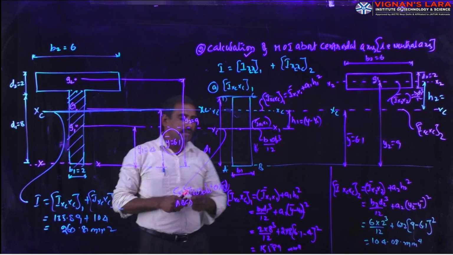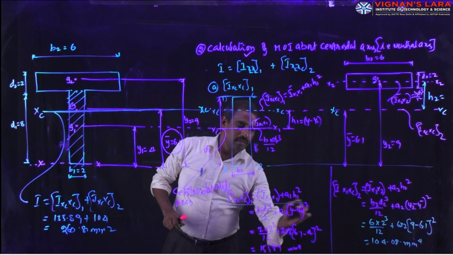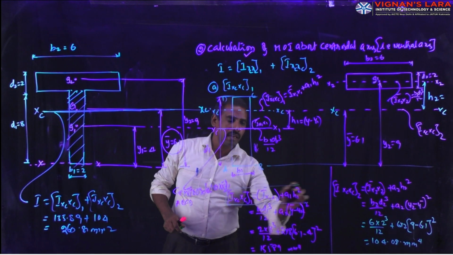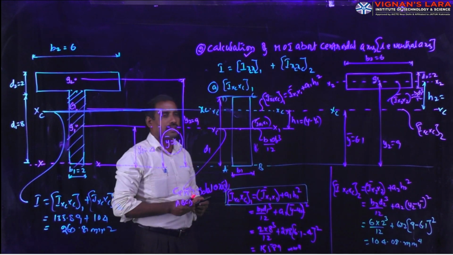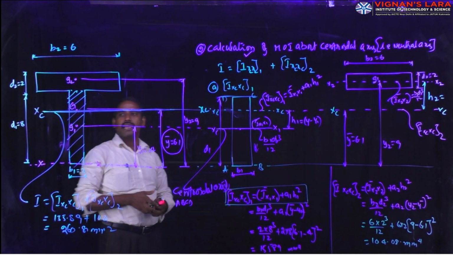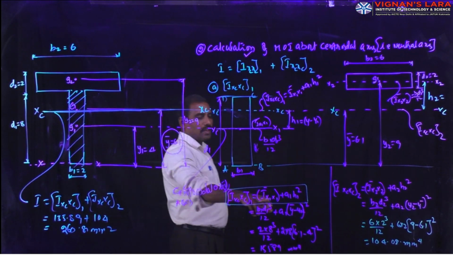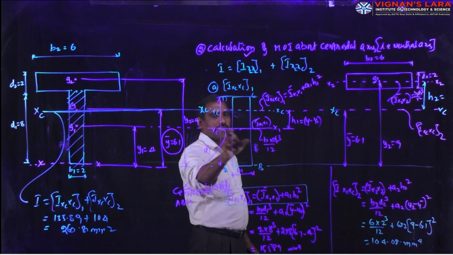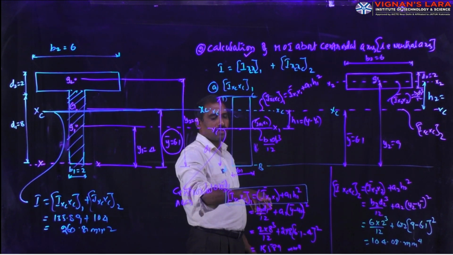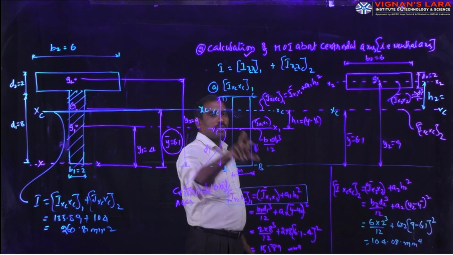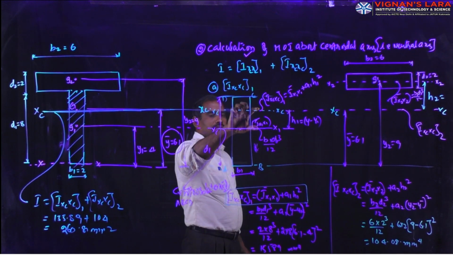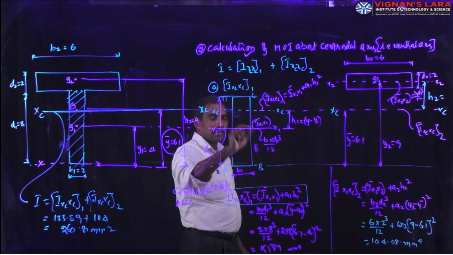So according to the parallel axis theorem, this is the equation for the calculation of the moment of inertia of the first rectangle about the central axis of the T section. As usual, the moment of inertia of the first rectangle about its own central axis is bd^3 by 12, we know that, and both the axes are parallel to each other. One of its axes is passing through the centroid.